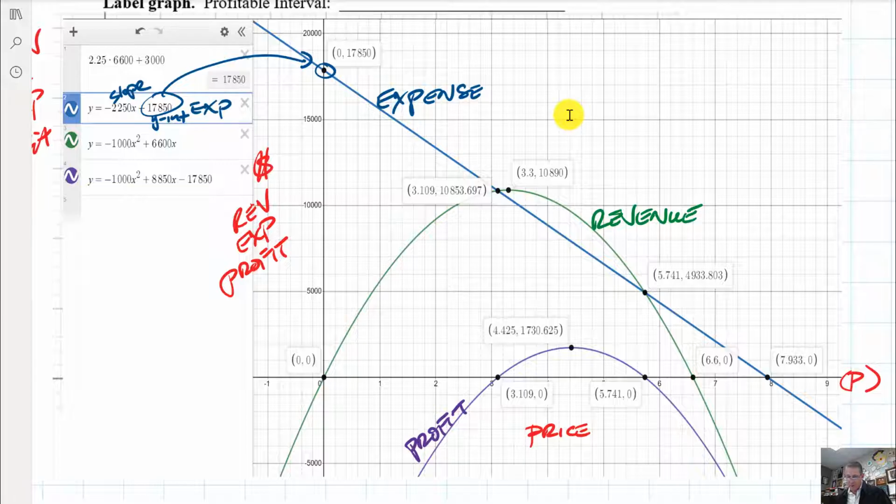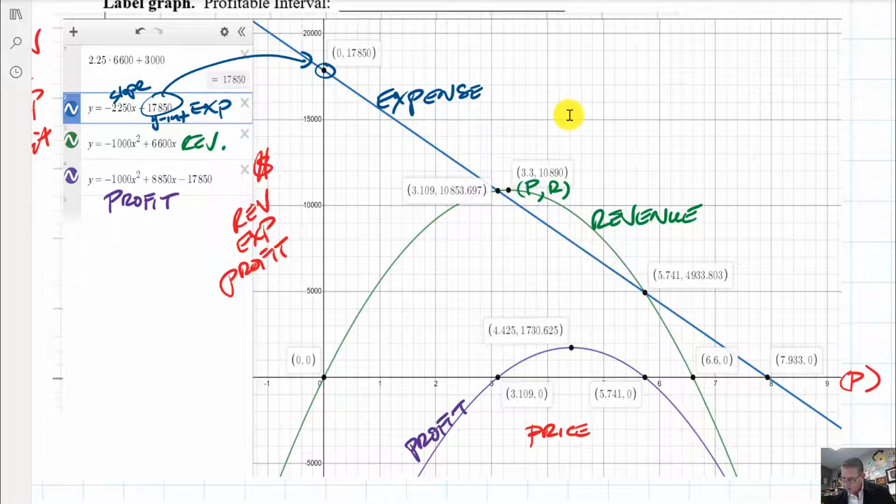Now, the revenue function, and in purple is your profit function. Let's talk about the revenue function. The max revenue occurs at the vertex. So we've got a price and then a revenue; it's always price and then revenue.